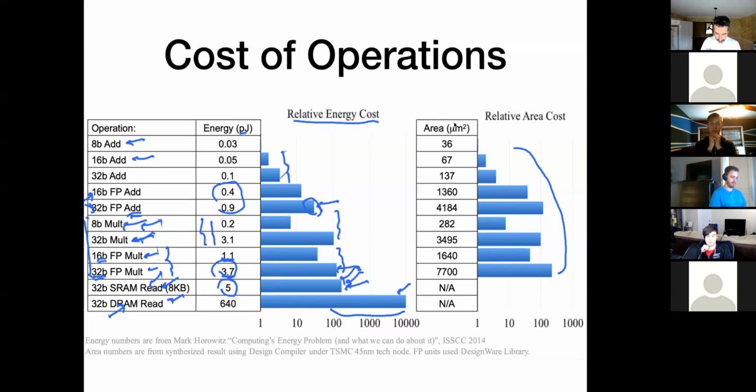Obviously for higher precision, you need a larger area to create this chip. It also affects the energy consumption. So you have basically two dimensions: one is area and one is energy. And you see already the difference in terms of area for the different operations that you have.